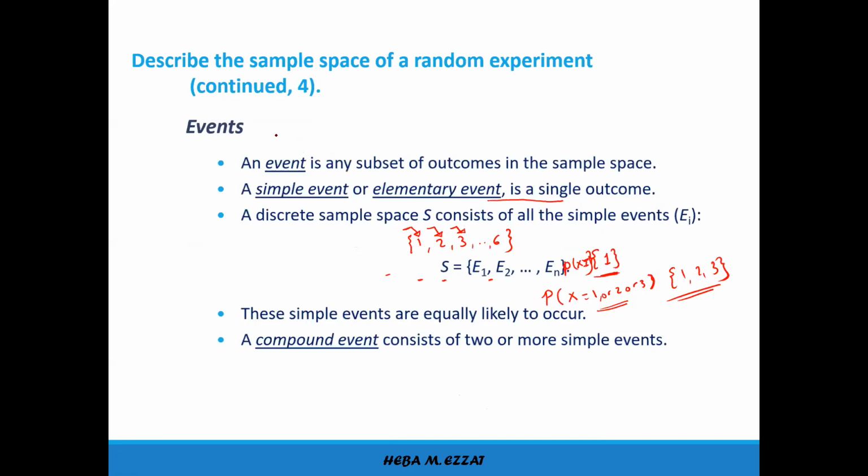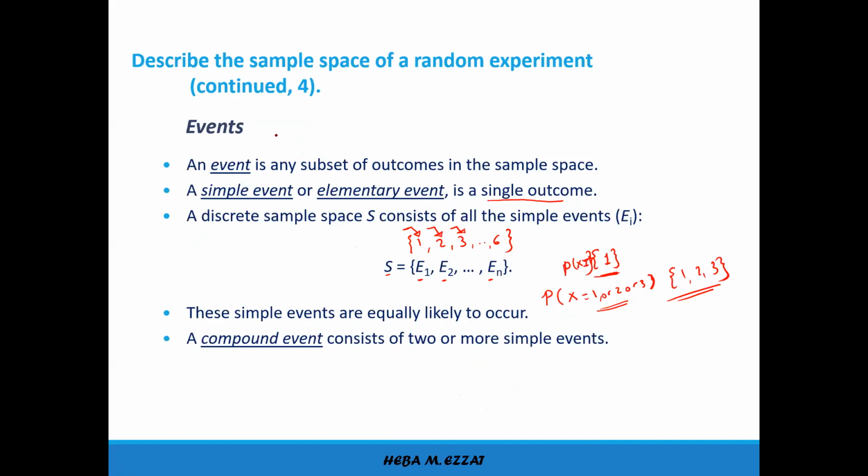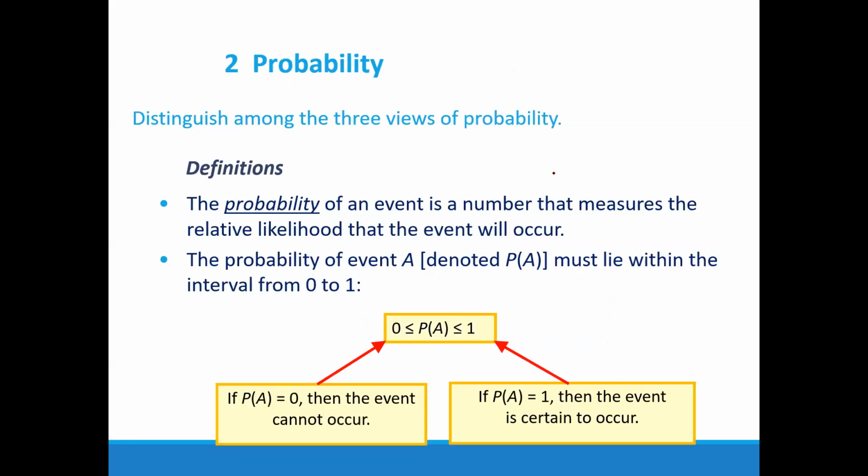So here in the sample space, as I was just saying, each element inside the sample space is called a simple event or an elementary event. Continuing to the definitions, we have what is called probability. Probability is a measure of likelihood.